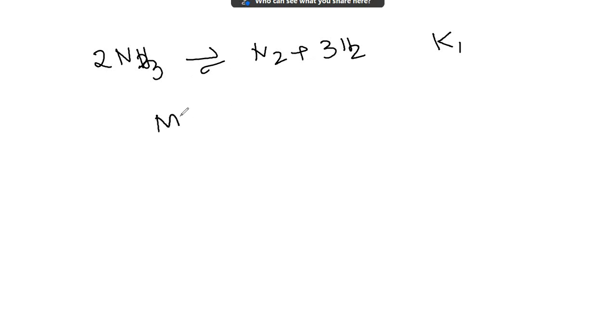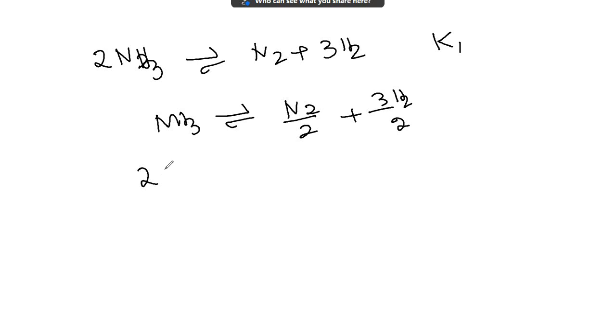Suppose, look at another equation. 2NH3 gives you N2 plus 3H2. If the equilibrium constant is K1, and all the terms are divided by 2, what will it be? NH3 reversible sign N2 by 2 plus 3H2 by 2.